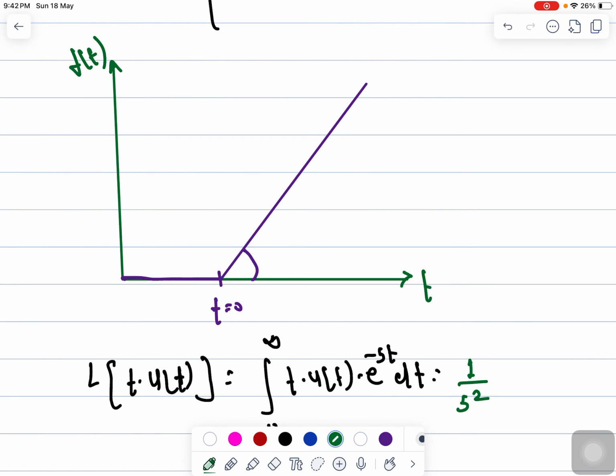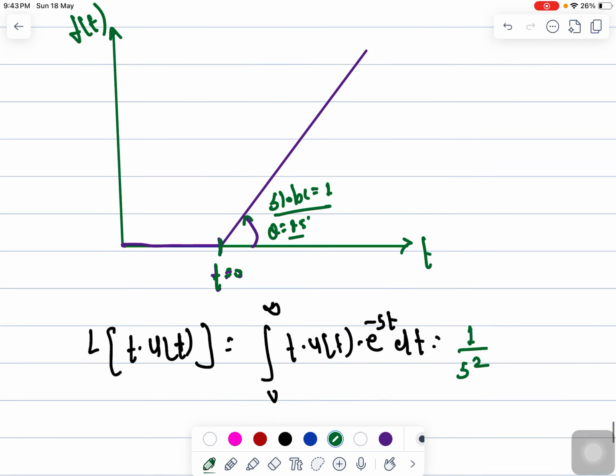So the value of input was 0 when t was less than 0, and it was rising with a slope of 1, that means theta will be equal to 45 degrees, something like that. Okay, this is how these things look.